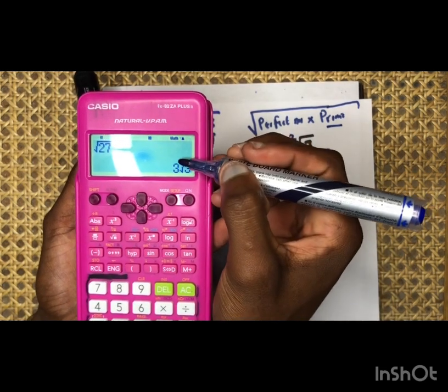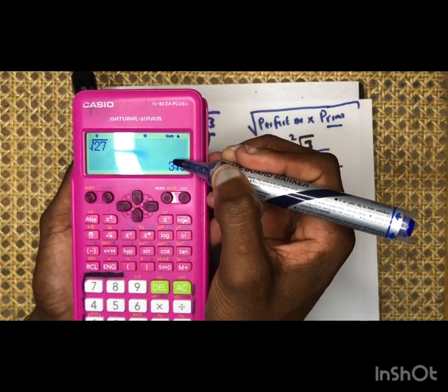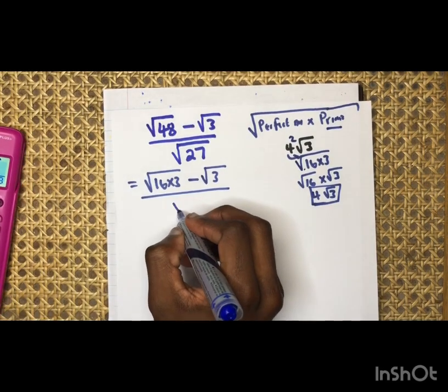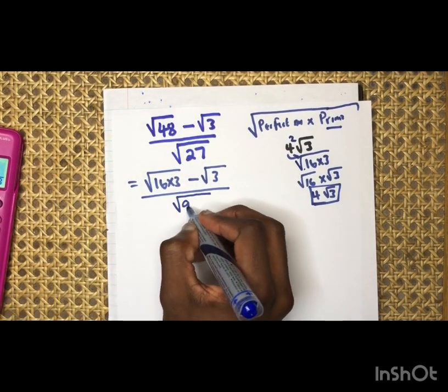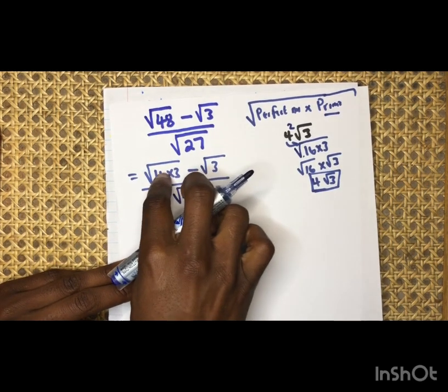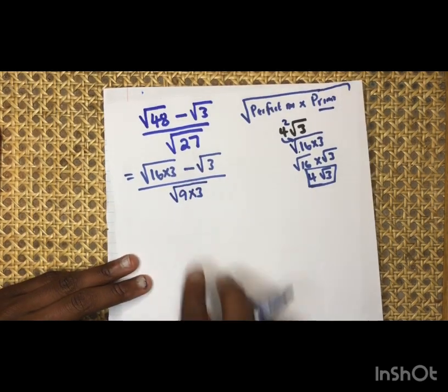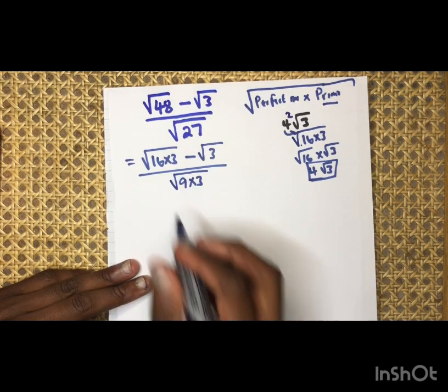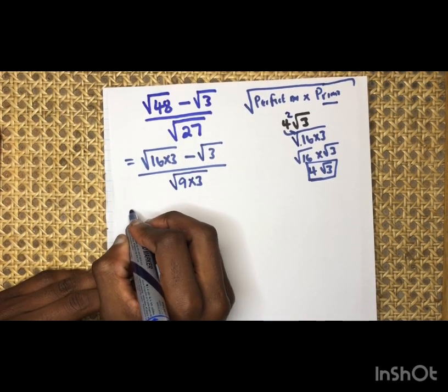Then you put squared to this 3 outside, you get what? 9. So which means inside, what do you have? You have 9 times 3. Understand? Then you apply law number 1, which is multiplication.